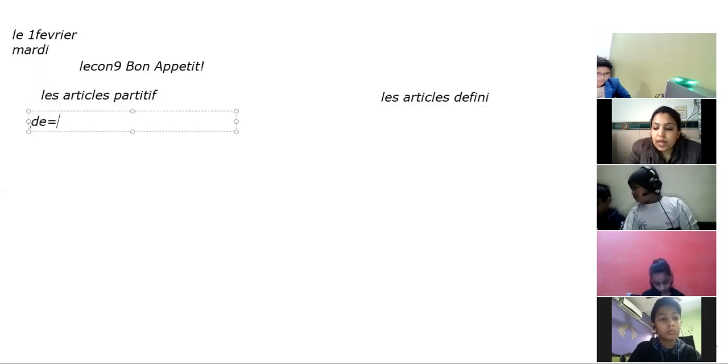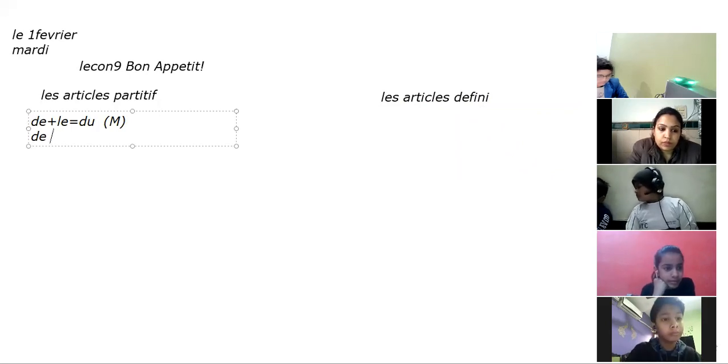If I add de plus the article défini, that is le, de plus le becomes du, and it is used with masculine. De plus la becomes de la, and it is used with feminine.